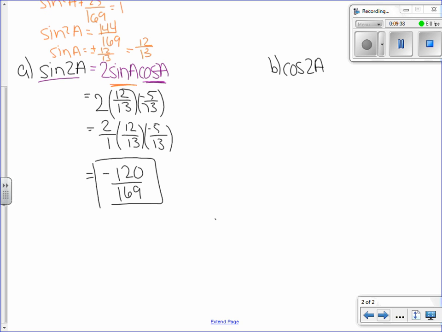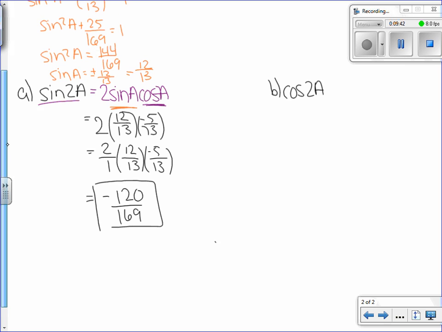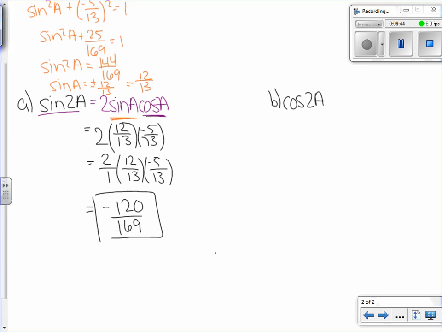Now let's come over here. I want to find the cosine of 2A. Now, even though we have 3 formulas to pick from, in this case, it really doesn't matter. Because from all of this work that we just did, we know the sine of A, we know the cosine of A. So it would be reasonable to plug into either one of these. I'm just going to plug into the first one because it's the first one.